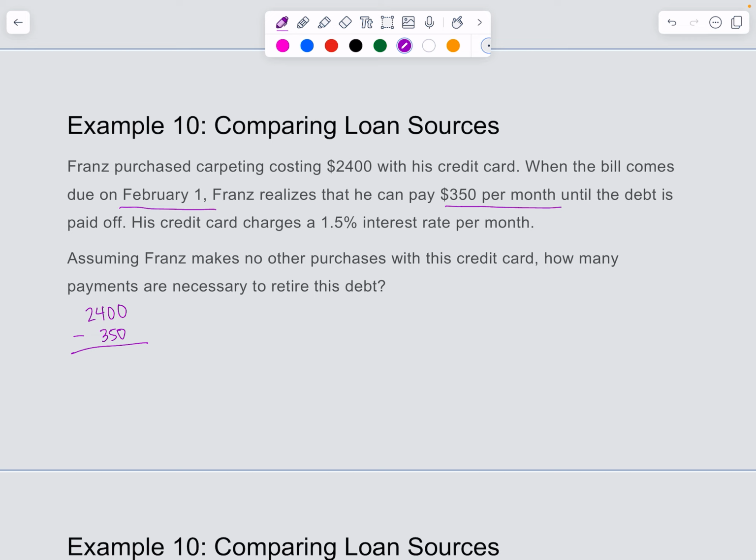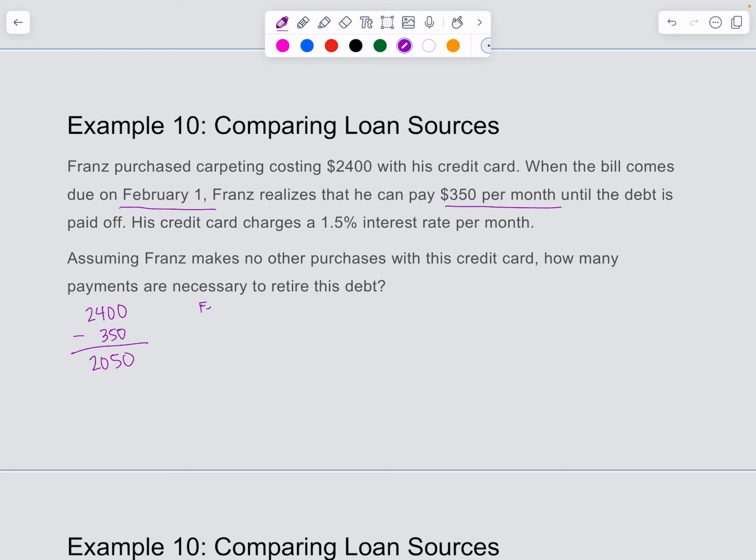What's left? $2,050. So his next bill is going to have a balance of $2,050 plus whatever the interest is for that month. And he'll just continue making payments until he's paid it all off. So let me show you what this would break down.